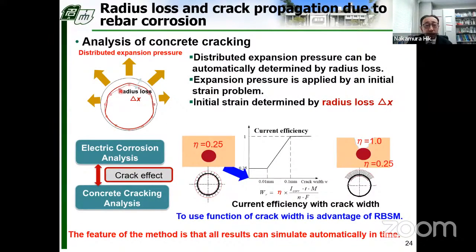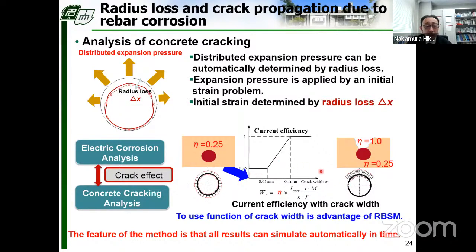From the radius loss, the distributed expansion pressure can be automatically determined. The expansion pressure is applied as an initial strain problem. And in order to consider the electromechanical coupling with crack, the effect of crack is considered by changing the current efficiency with crack width.